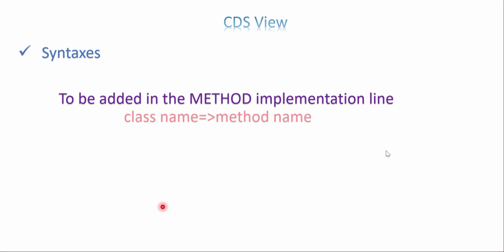The syntax is class name, double equal arrow, and method name. Here the double equal arrow does not define instance or static. This is the syntax to declare your class methods in the method implementation line. It can be an instance or a static method, whatever it is. The syntax is the same for both.